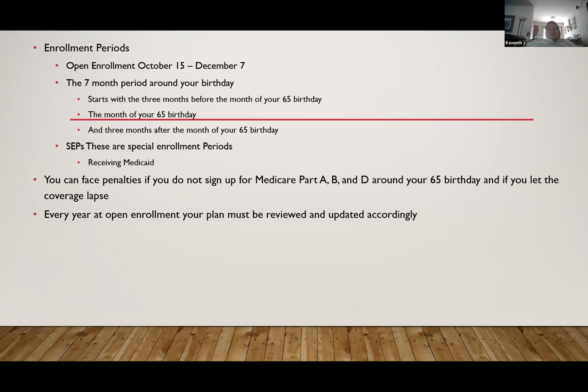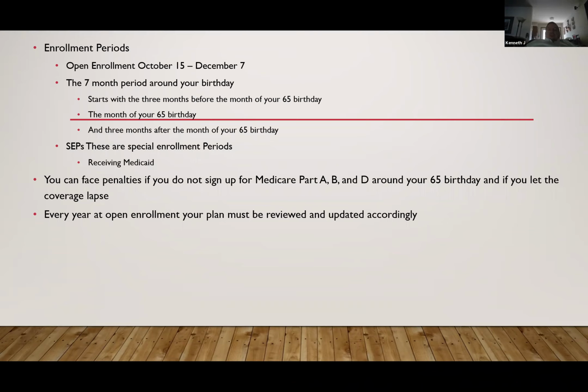So let's say your birthday is in March, then it starts in December, December 1st to February 28th is the first 3 months. Then you have the month of your birthday. And then you have 3 months after your birthday to sign up when you turn 65. So that is the most common one.